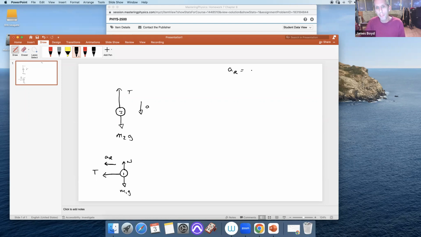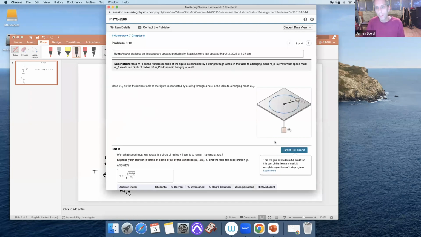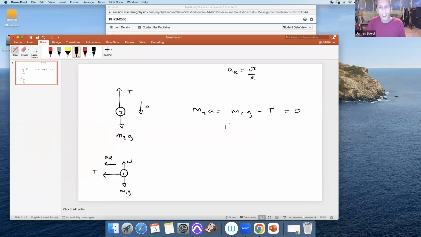If you remember that a_rad is v squared over r, what we get is that m2a is m2g minus T, and a is 0, because mass 2 can't fall. So we know that the tension in the string is m2g.